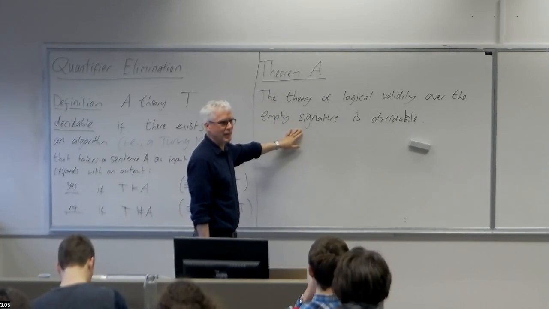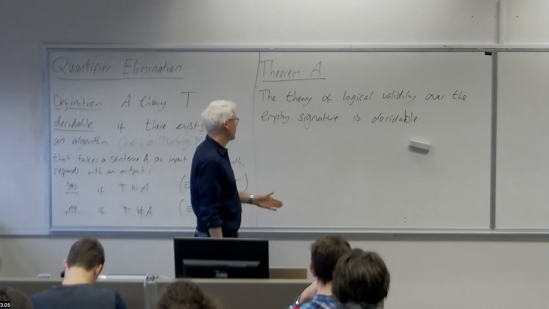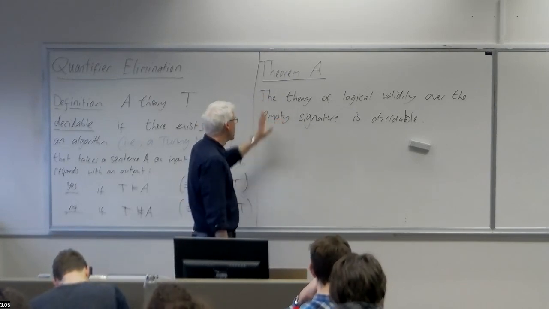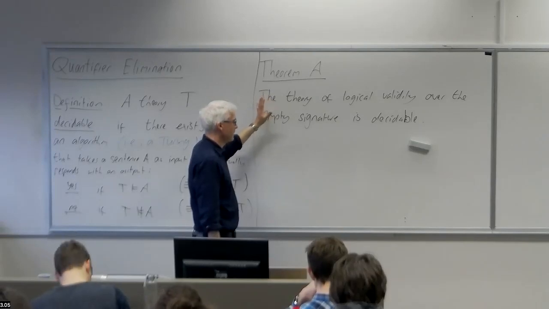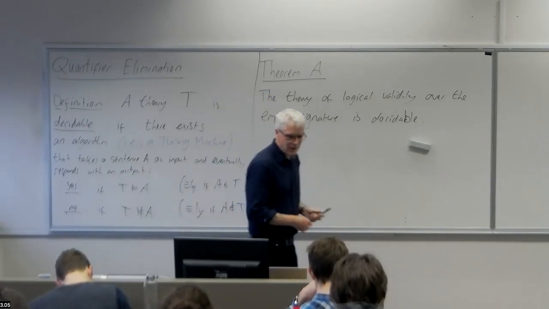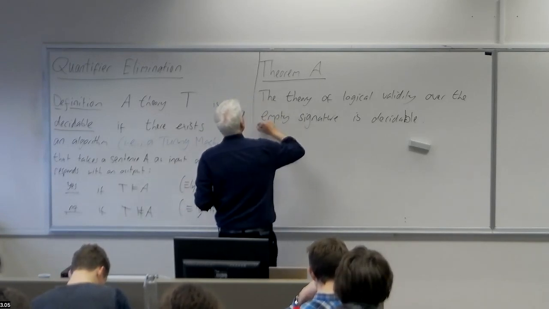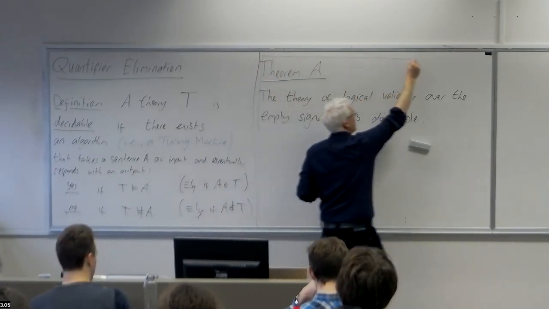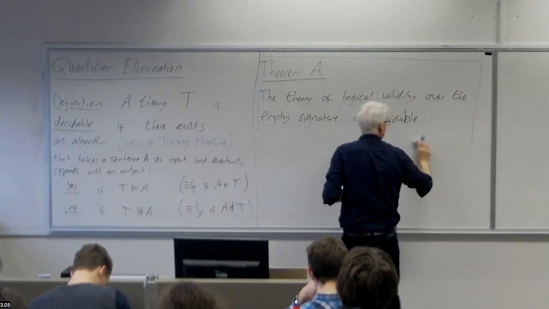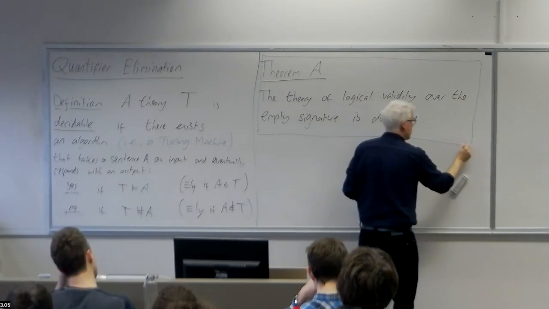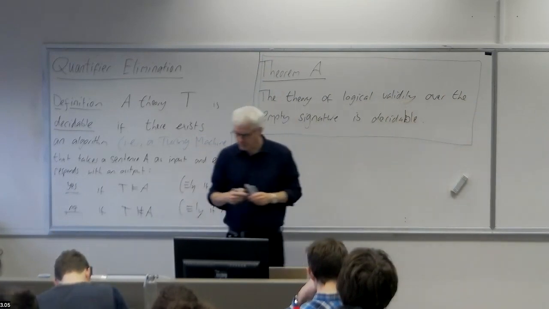So if you can't say very much, it's not that surprising that we can find an algorithm to test the validity of a sentence. But nonetheless, you will see that there's more to this than meets the eye. It's not actually a trivial result. It involves quite a bit of work to get it. And that work involves also a little bit of mildly interesting combinatorics in it.